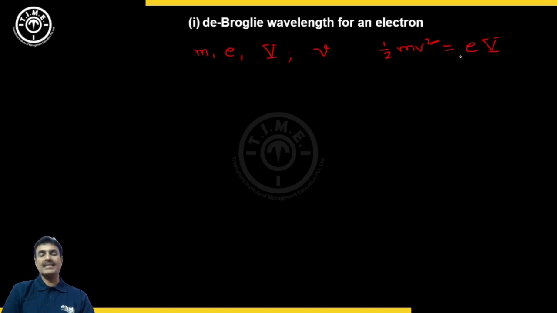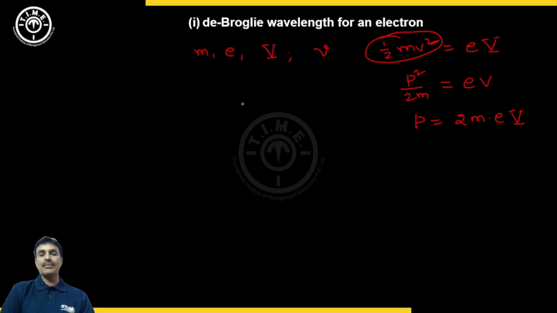Change in kinetic energy is equal to work done. Now, this kinetic energy can be expressed in terms of momentum. K is p square by 2m from mechanics. That is equal to eV. Then what is momentum p? It's root 2meV, where V is the accelerating potential.